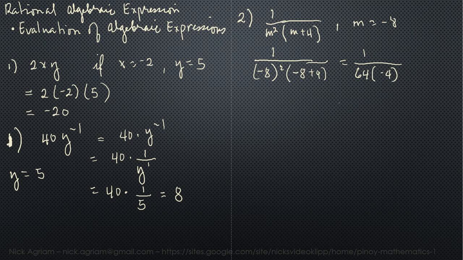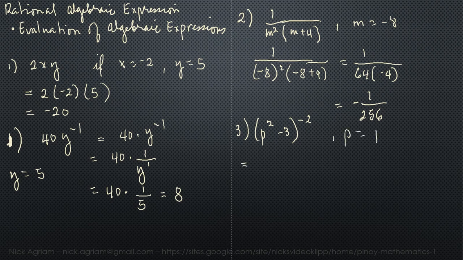Then we have 64 multiplied by 4, 256, and it is negative, so we have -1 divided by 256.